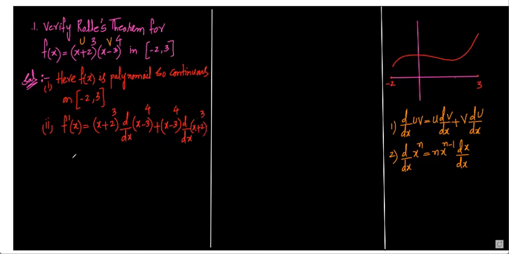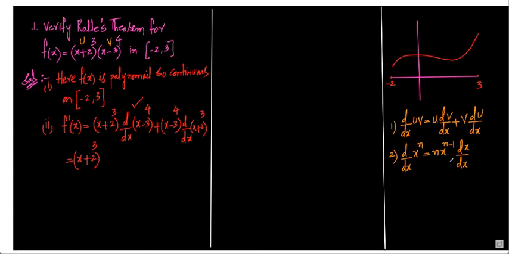Now this is equal to: this term we are not going to disturb, so (x + 2)^3 as it is. Now there is a change here, comparing with this formula: in place of x we have x - 3, and n is 4.